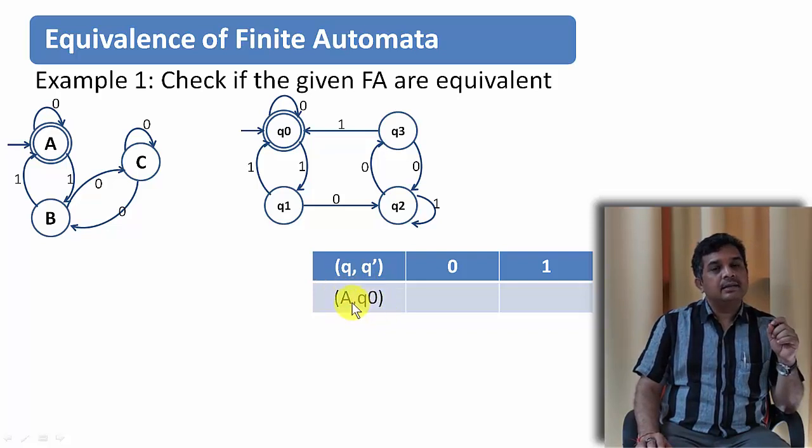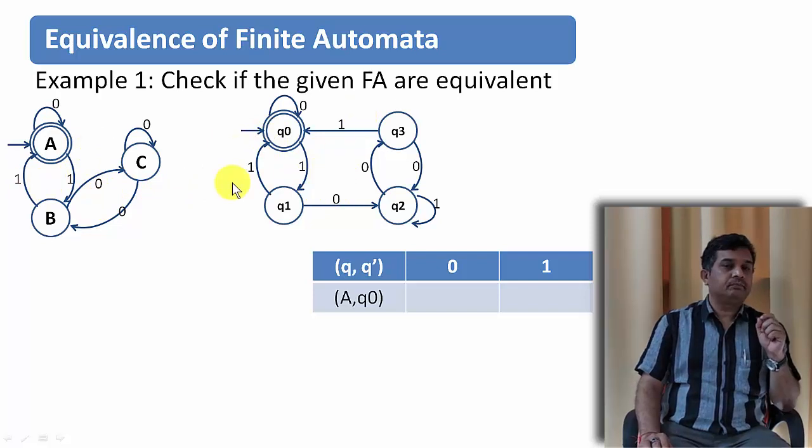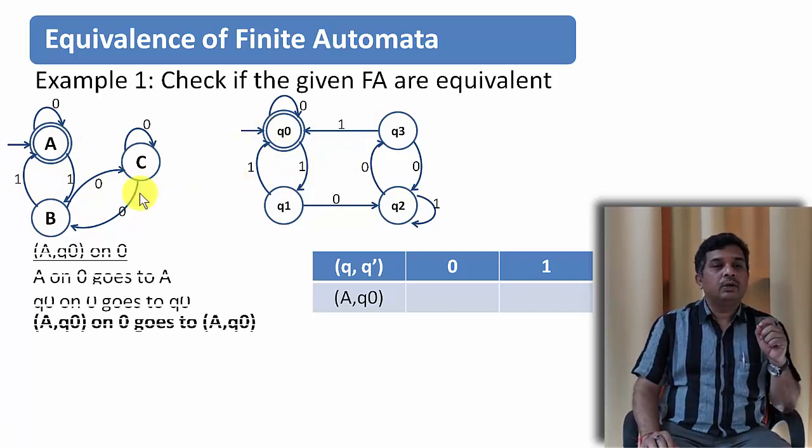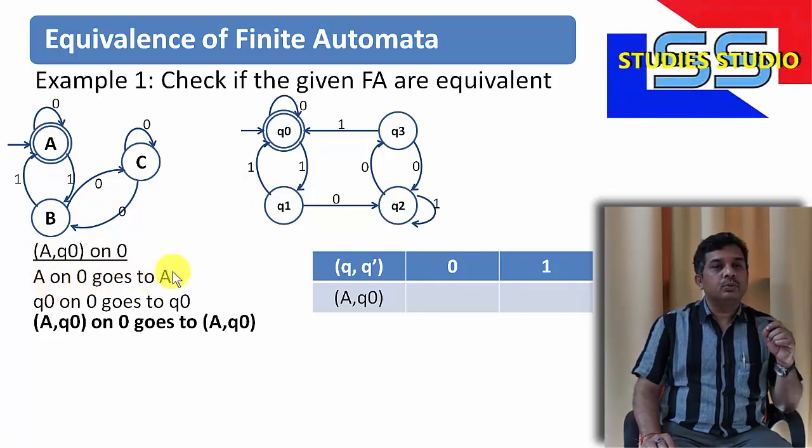Now on these, I have to find the transition on 0 and 1. You can see one thing: in both machines, the states may be different, but their input symbols are the same, 0 and 1. So we have to find the transition. A on 0 goes to A and Q0 on 0 goes to Q0.